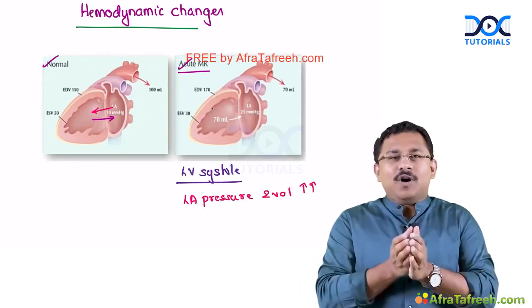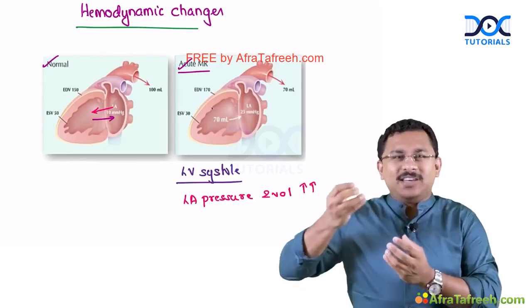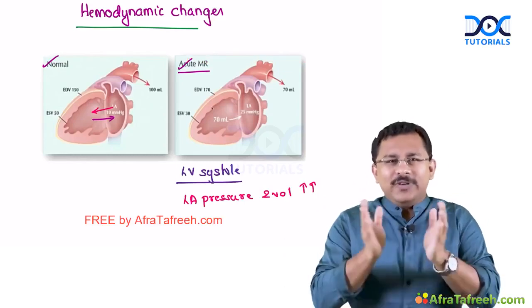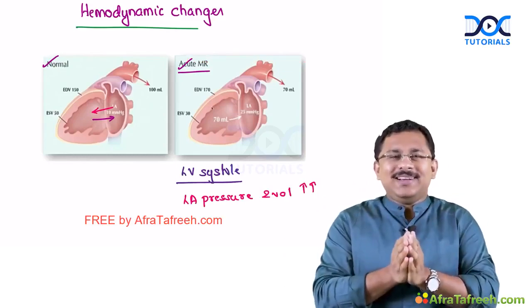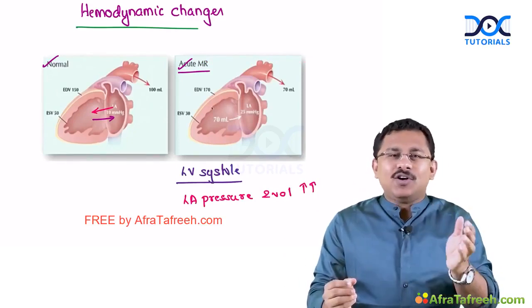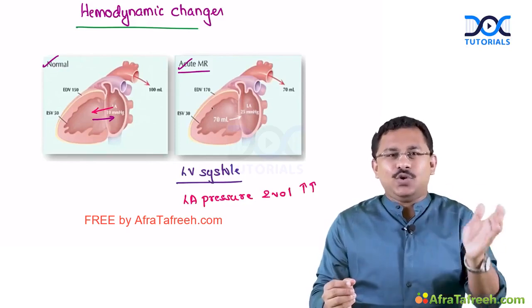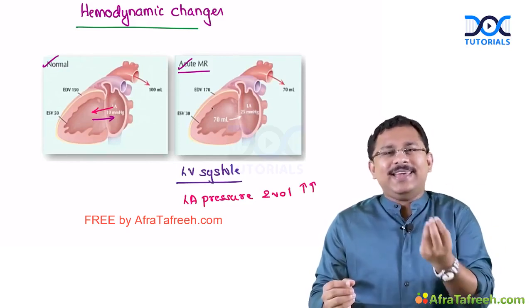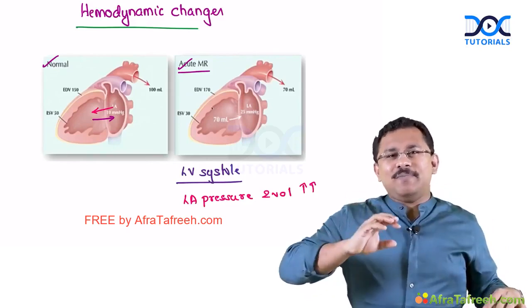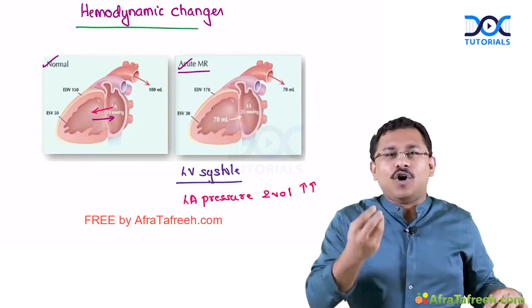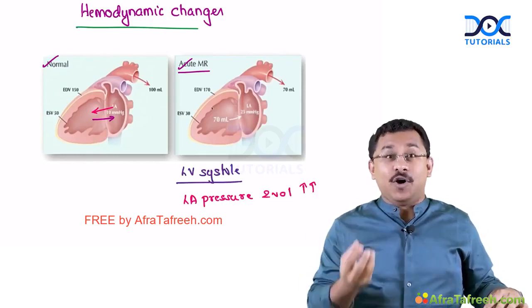Now the volume of this regurgitant jet of blood from the LV to the LA obviously will depend upon the size of the regurgitant orifice and also the pressure gradient between the two chambers. The two chambers in this case are the LV and the LA. Because of the backward flow, I'm sure you will agree with me that the forward stroke volume will fall.